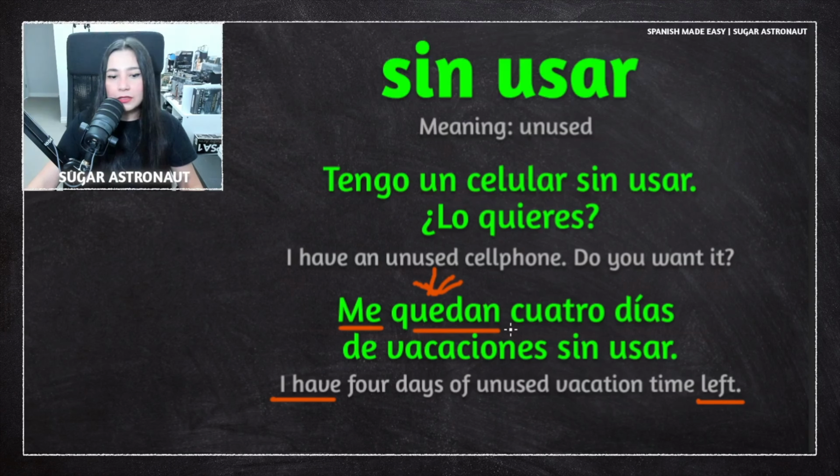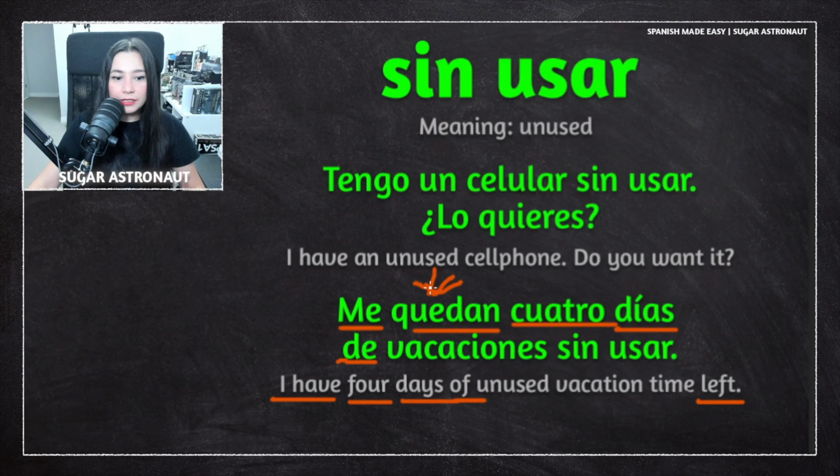Okay, in this situation, cuatro. Cuatro means 4. Días. Días means days. De means of. Okay, so we have of here. Also means from.